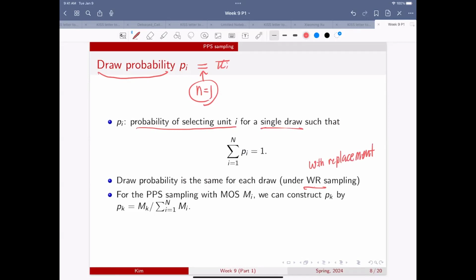And if we have a measure of size, then pi can be constructed this way: p_k is M_k divided by the total of M_i.